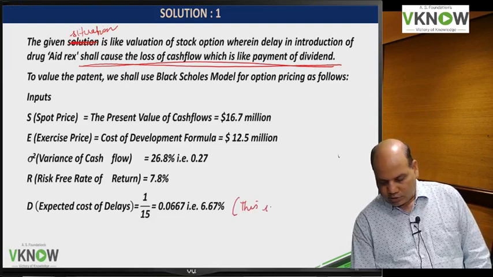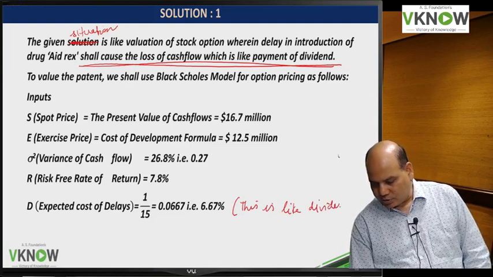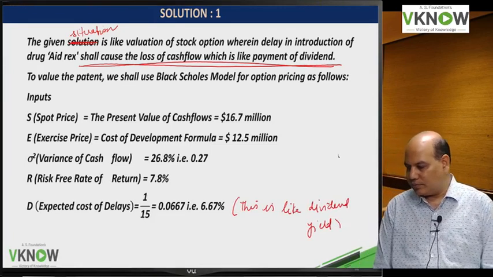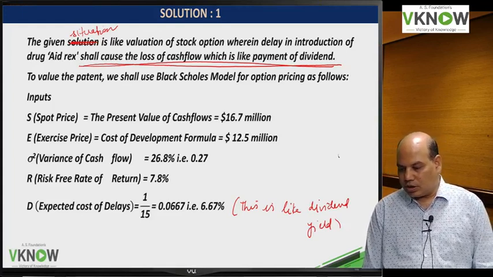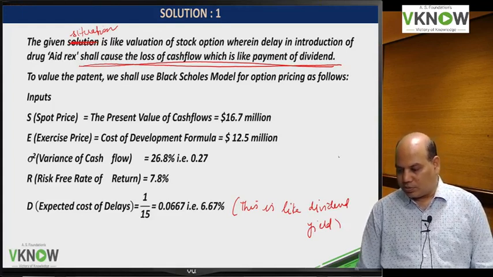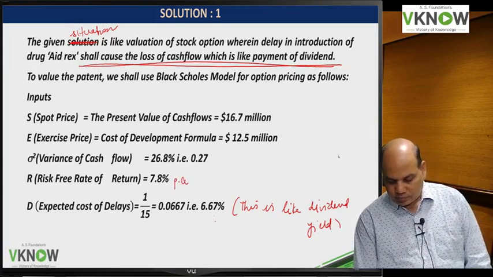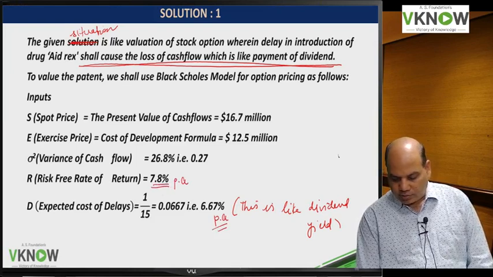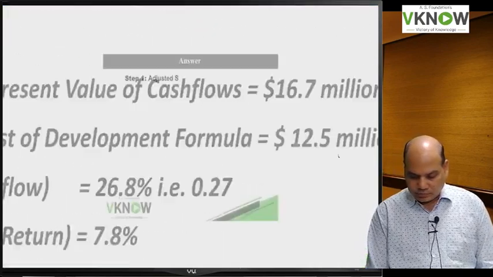Don't miss this question. This is very important, never asked earlier in the exam. This is like a dividend yield, 6.7%. All these are per annum. The interest rate is per annum, the dividend yield is 6.7% per annum.